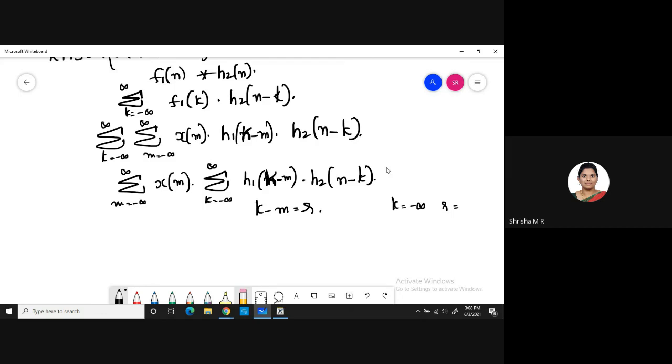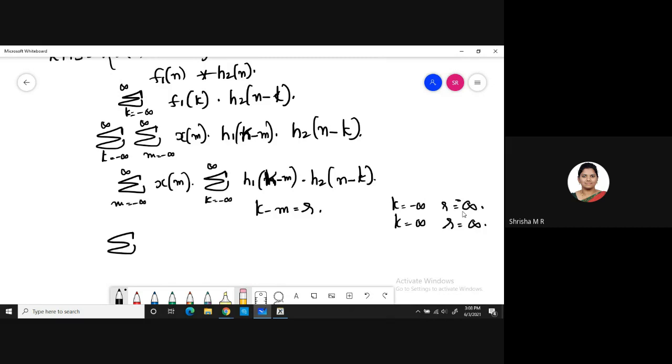If k is minus infinity, r will be minus infinity only, right? Minus infinity minus m will be minus infinity. If k is equal to infinity, what do you get? r is equal to plus infinity.